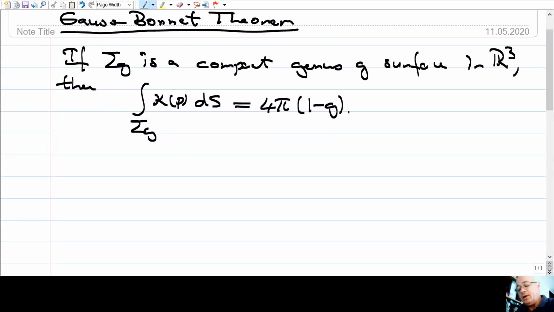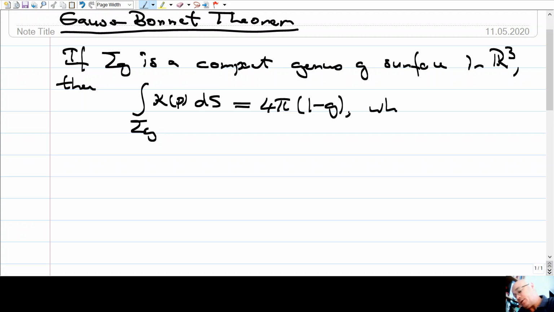You see the right hand side is a topological invariant, and what we see is that the sum of the geometrical invariants over the whole surface is just the topological invariant.